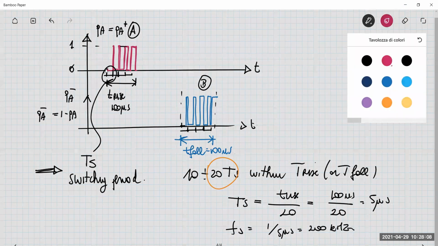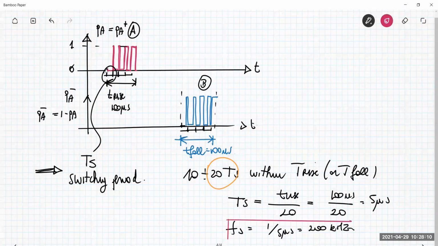So I'm going to switch the transistor at 200 kilohertz, on and off. If I choose this frequency, there will be 20 pulses with increasing duty cycle. The width of each pulse is linearly increased slowly, in order to get a duty cycle ranging from 0 to 0.8 in a linear fashion.